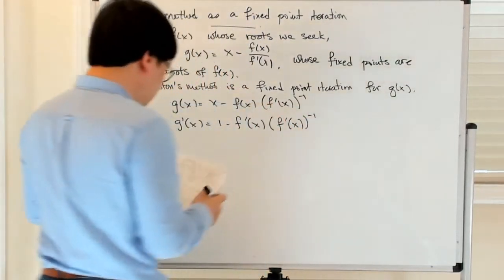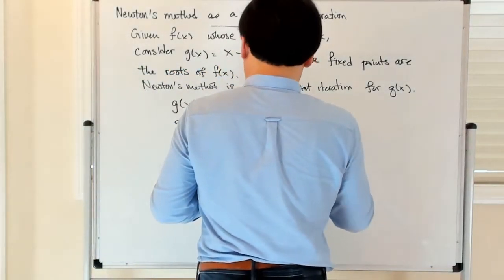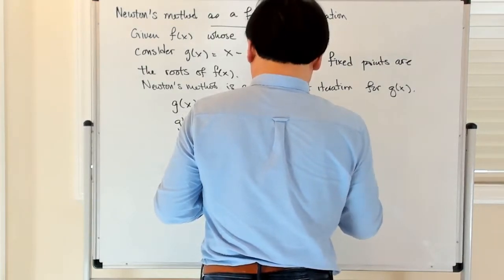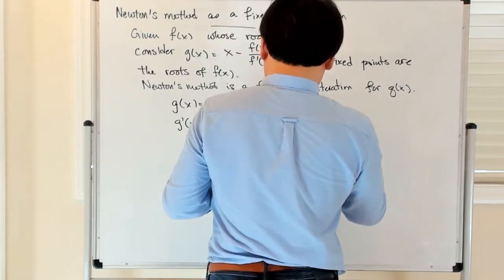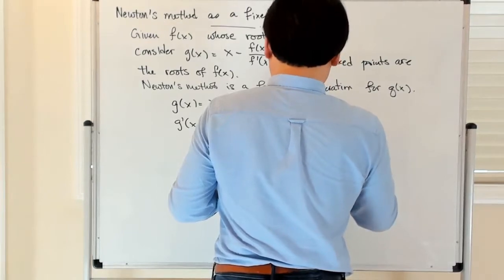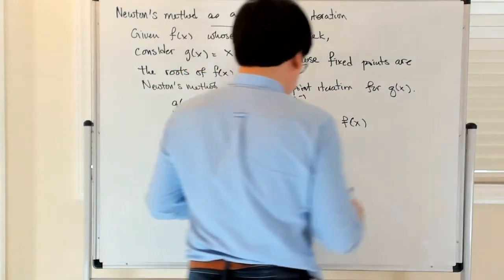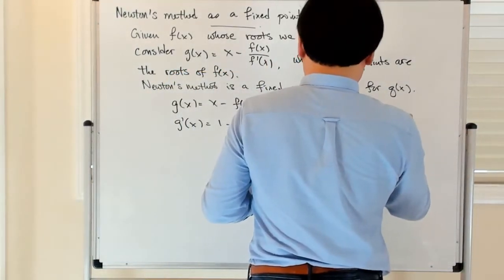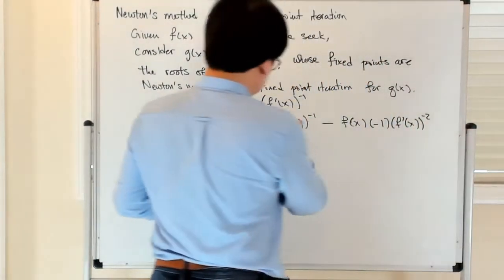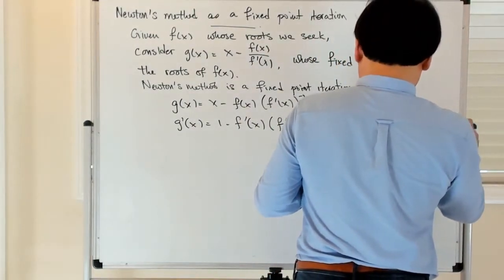This is just a product rule, and then I have to differentiate the reciprocal, so that's f of x, and then a minus 1, then f prime of x to the minus 2, and then the derivative of f prime, which is f double prime of x.